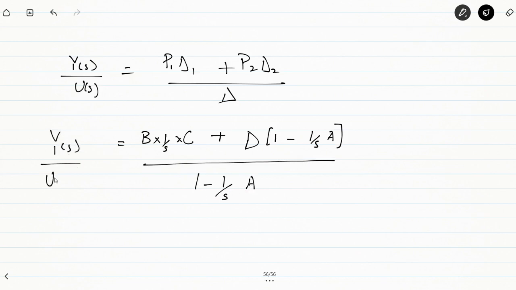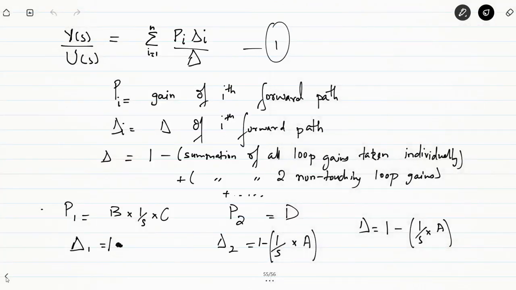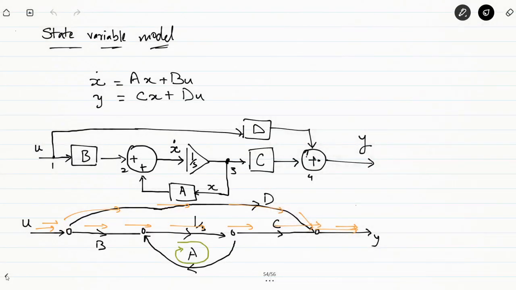So if we were to find the transfer function from a state variable model, what we are doing is we are trying to see the representation of state variable model through a signal flow graph. So we started with the state variable equations.